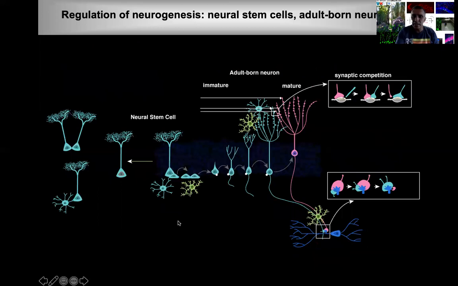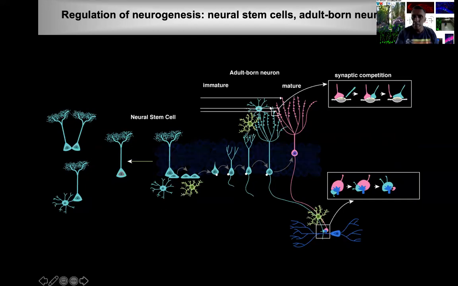The neural stem cells in the dentate gyrus, shown over here, once they become activated from a quiescent state, can divide symmetrically to make copies of themselves and expand the stem cell pool, or divide asymmetrically to generate a copy of itself and an astrocyte, a process called astrogenesis, or divide asymmetrically to generate a copy of itself and a neural progenitor, which then differentiates into an adult-born neuron over a protracted period of time, which then integrates into the hippocampal circuit to influence hippocampal functions.